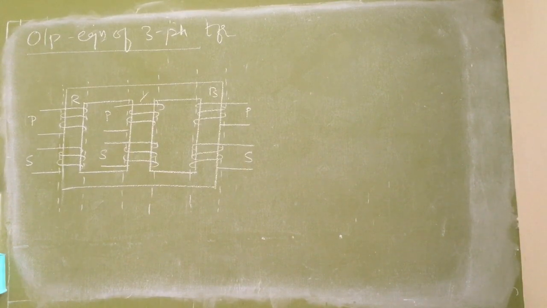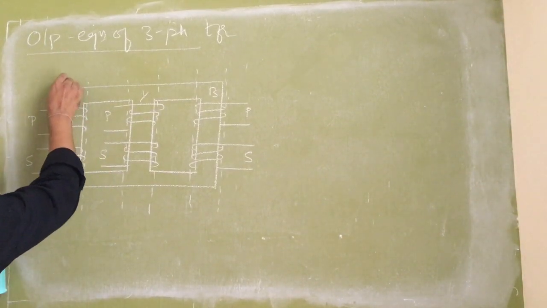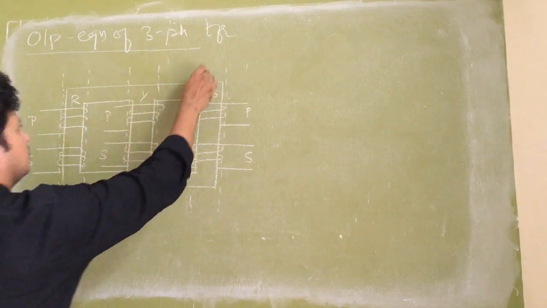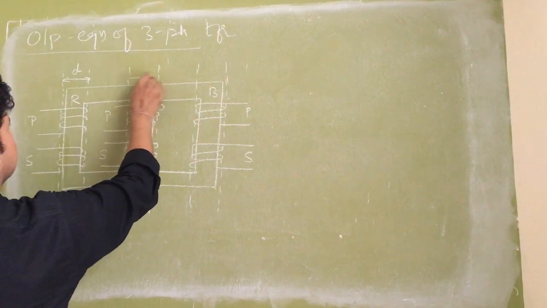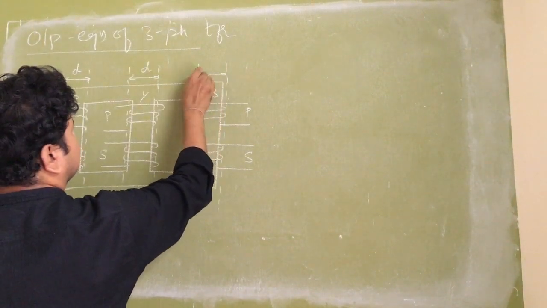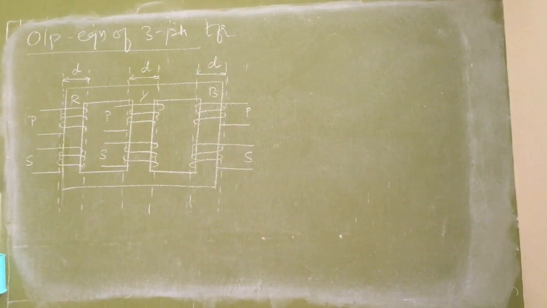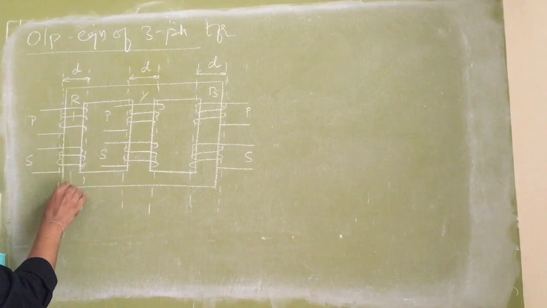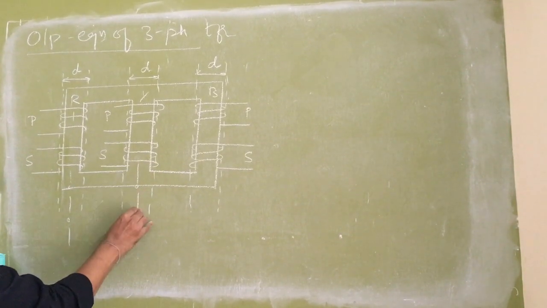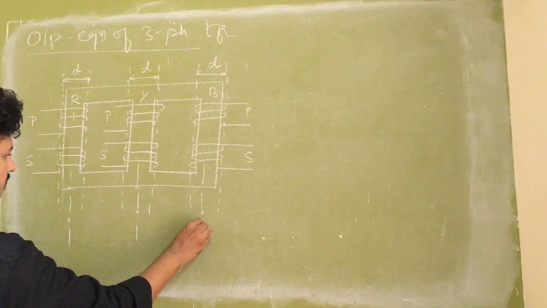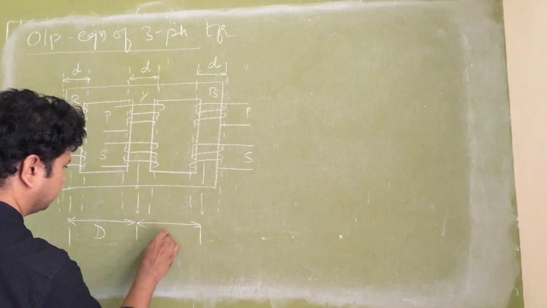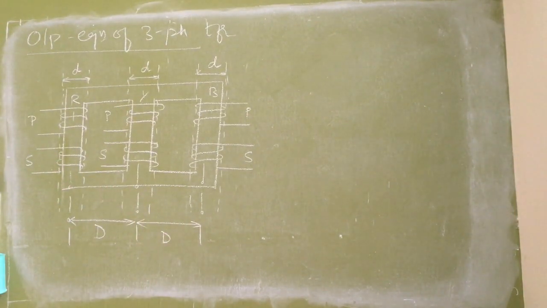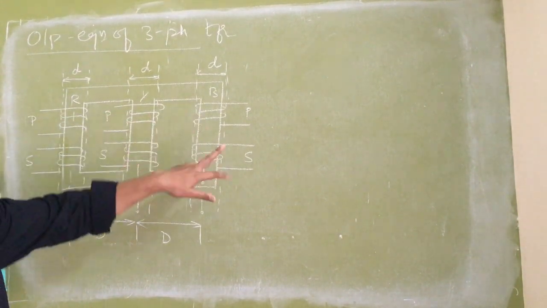Okay. So this is the diameter of circumcircle. And this is the distance between core centers. Okay. So phase 1 primary secondary, phase 2 primary secondary, phase 3 primary secondary.